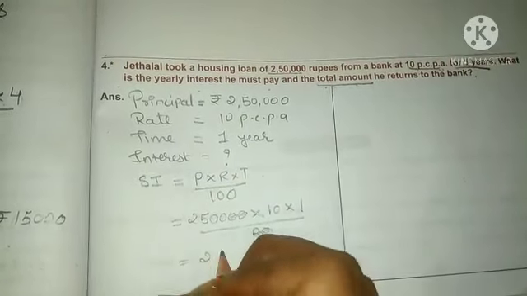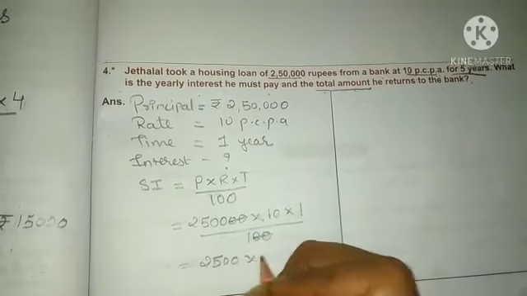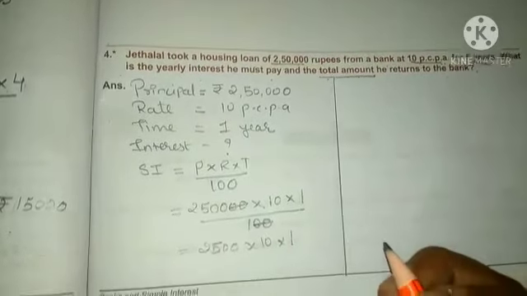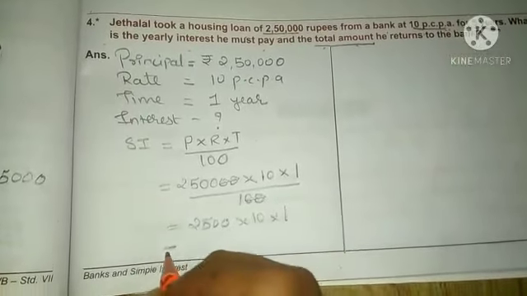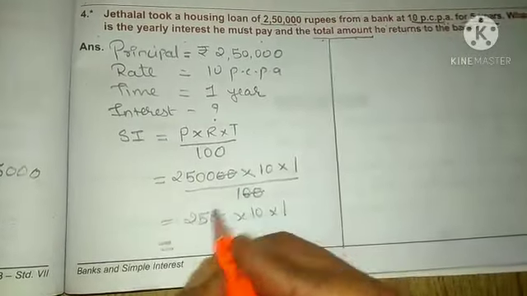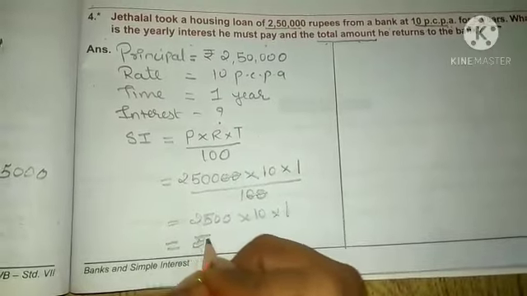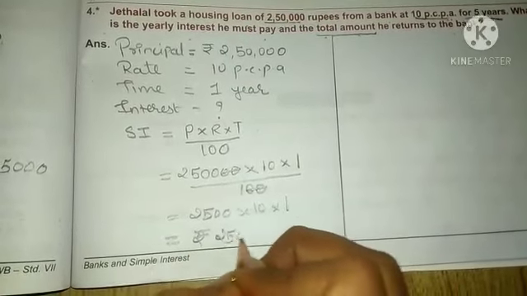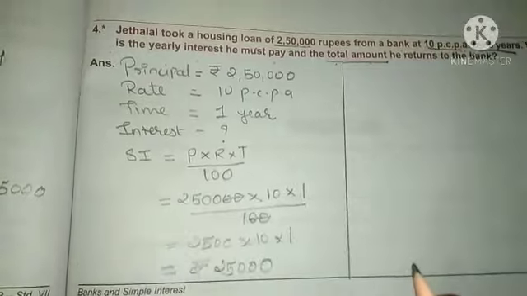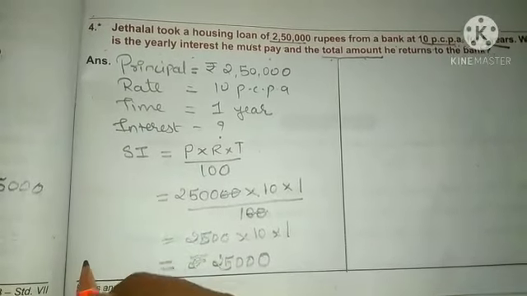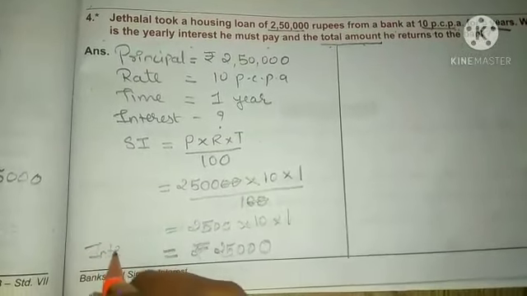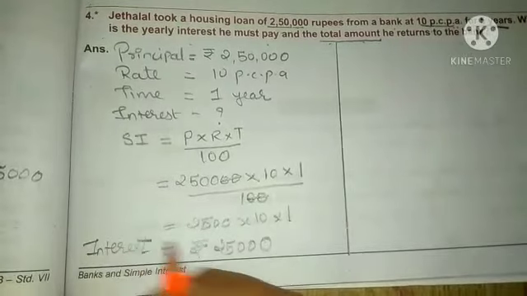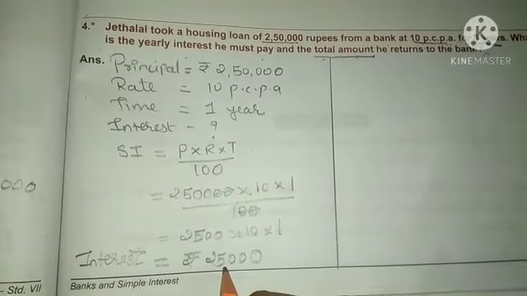So what will remain? 2,500 multiplied by 10 multiplied by 1. So what will you get? The yearly interest over here. You will get the yearly interest of rupees 25,000. Clear? This is the yearly interest. For 1 year, Jethalal has to pay rupees 25,000.